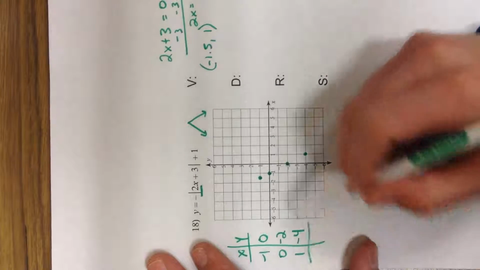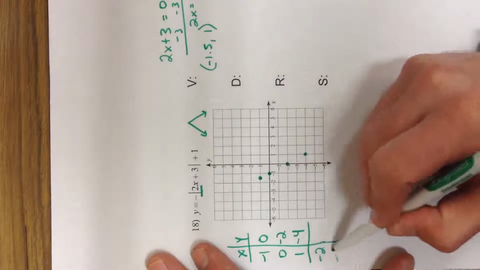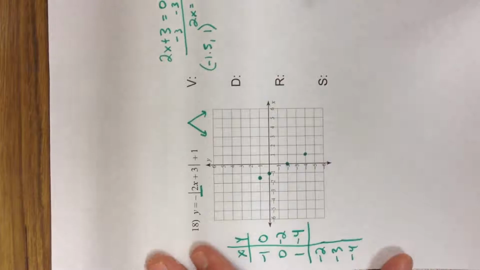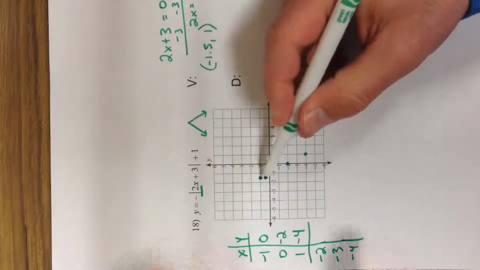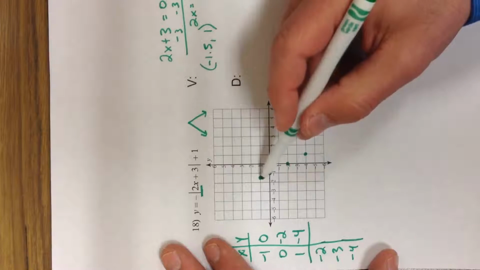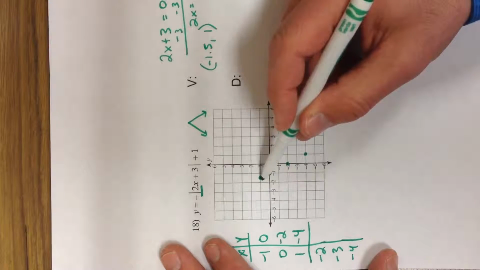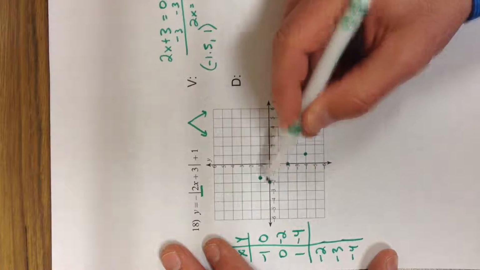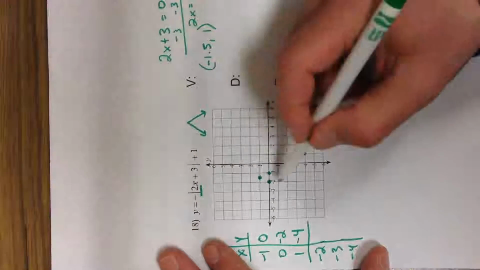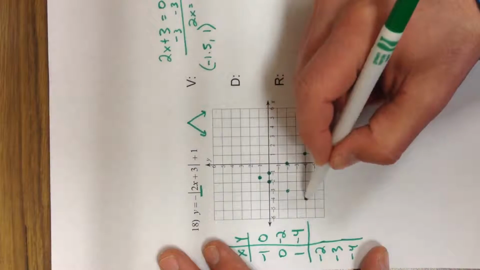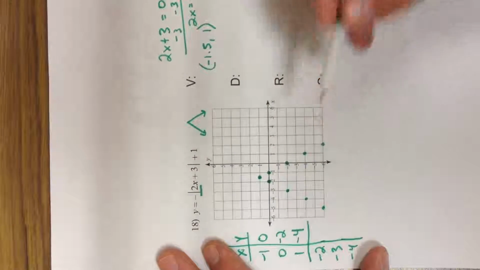Same thing going the other way. If I plug in -2, -3, -4, I still know my slope is 2 to 1, or 1 to 1/2. It's the same ratio.